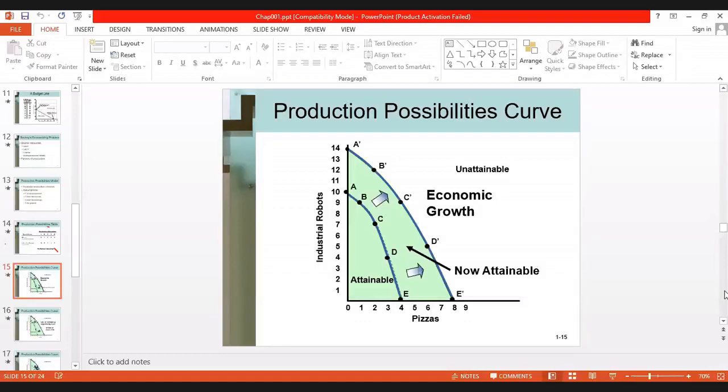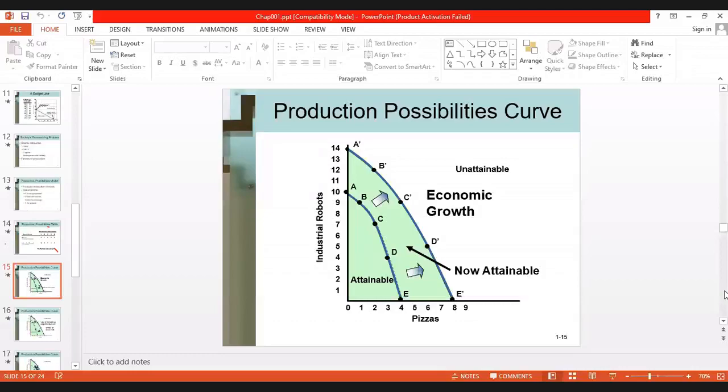But with the budget line, the opportunity cost is constant. For any additional unit of one commodity, you have to give up the same amount. That is the only trade-off. But here the resources are not equally productive. That is why this production possibility curve is curved.